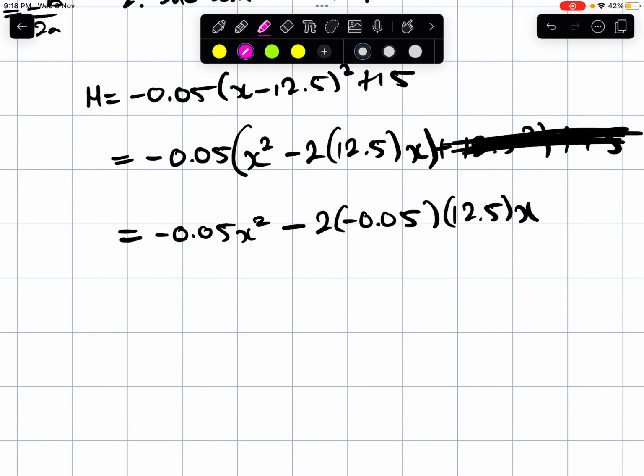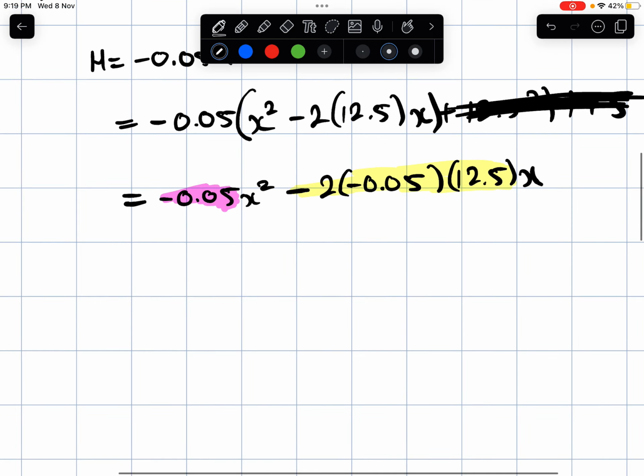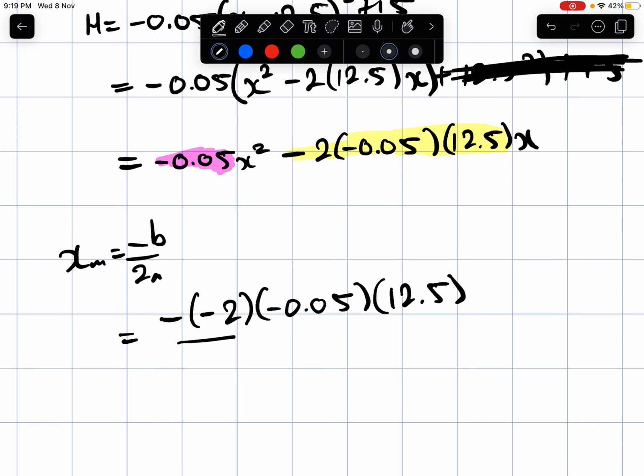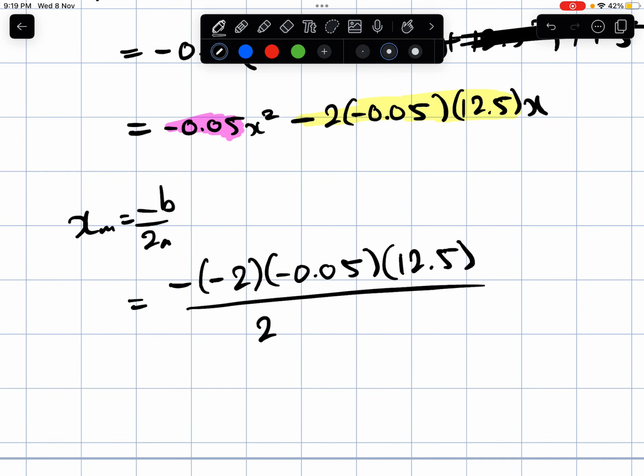And this here is our a. And this here is our b. So if we go negative b over 2a, negative 2, negative 0.05, 12.5 over 2 times a.